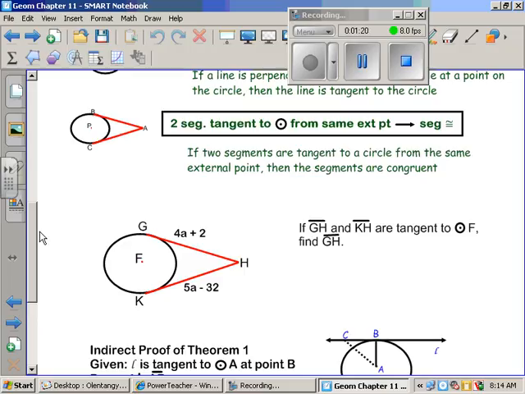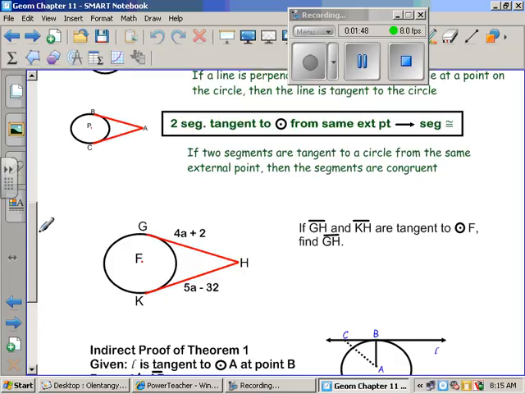Right, 4a plus 2 equals 5a minus 32. Okay, so that's the first theorem that you have to know. When you draw from the same point to the 2 points of tangency, so you kind of make an ice cream cone, the lengths of the two sides are equal.